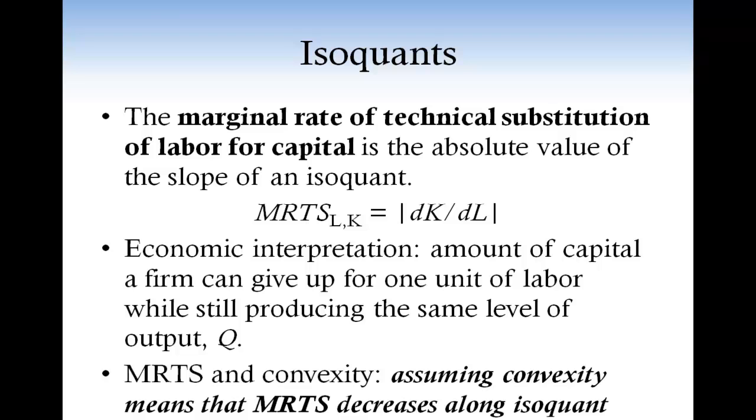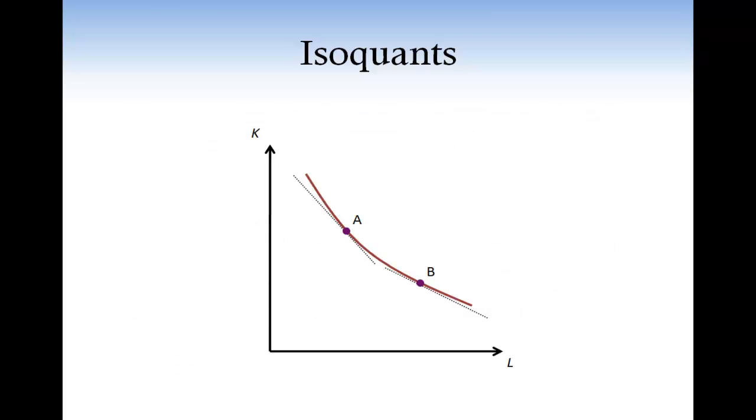The assumption that isoquants are convex means that the marginal rate of technical substitution is decreasing along an isoquant. If you look at the graph, you can see that the marginal rate of technical substitution at A is higher than the marginal rate of technical substitution at B. This means that at B, in order to produce the same amount of output Q, the firm can give up less capital for unit of labor.